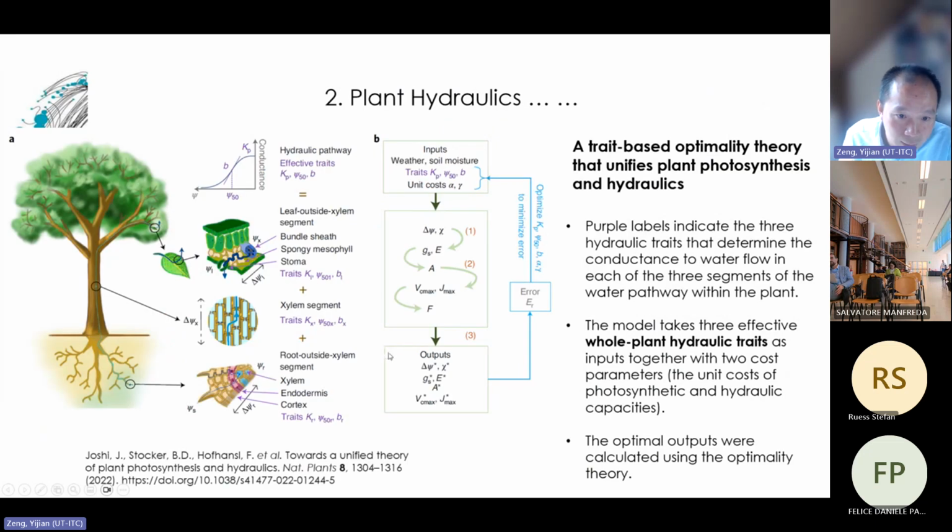So, for example, if you look at the left diagram here, when you have the water, it will enter the root to the stem, to the leaf, and then you need the hydraulic conductivity within the root, within the stem, within the leaf, in order to capture this plant hydraulic pathway, or plant hydraulic flux.